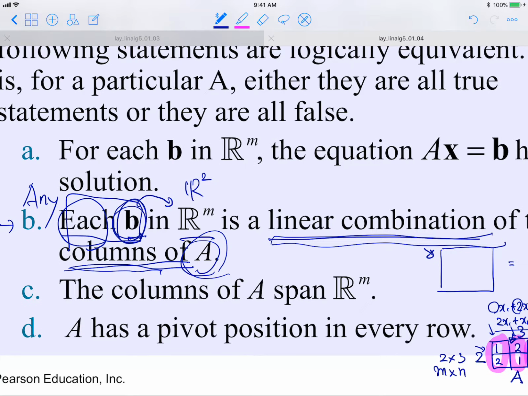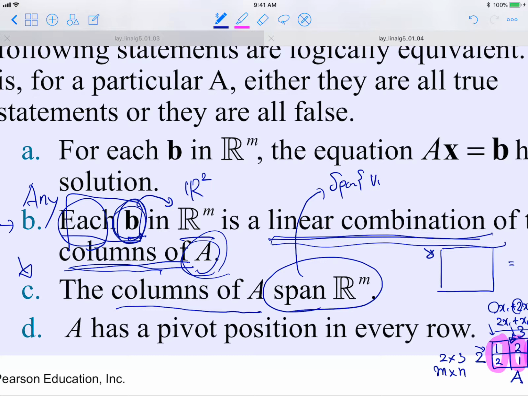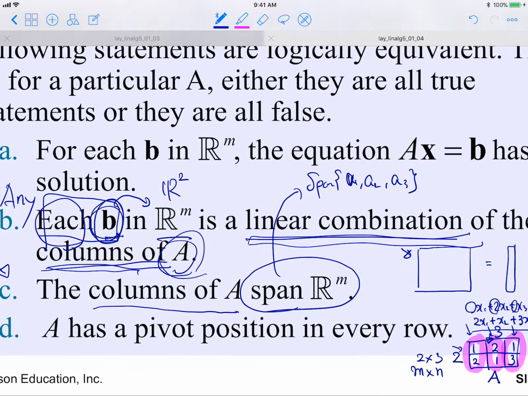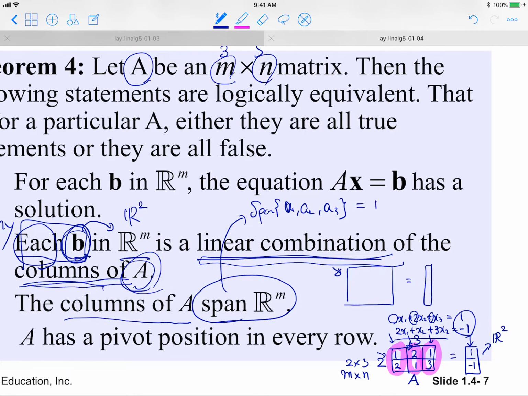And this one is actually equivalent to the third item. The third item is saying that the columns of A span Rm. So that means the span of A1, A2, A3 is actually the same as the entire universe of our m-dimensional space.